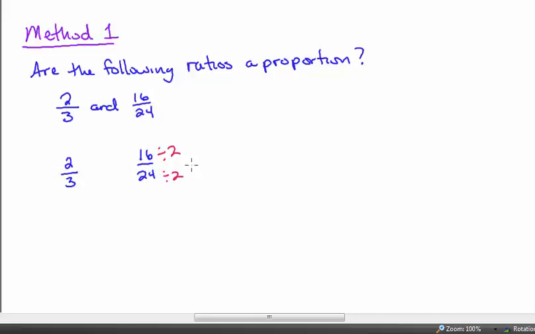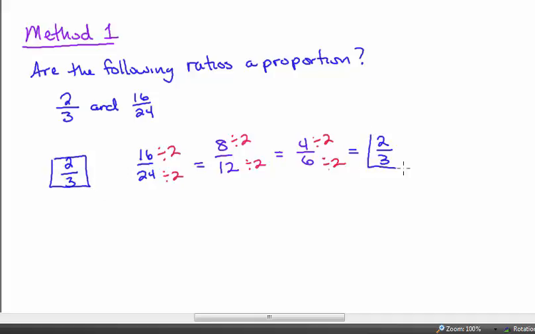And yes, I could divide by a larger number, but we're going to start by dividing by 2 in case you don't see the larger number. And they're still even, so I'm going to divide by 2 again. And I'm going to get 4/6, which is still even, so I'm going to divide by 2 again. And I finally get 2/3, and 2/3 and 2/3 are equal, so yes, they form a proportion.